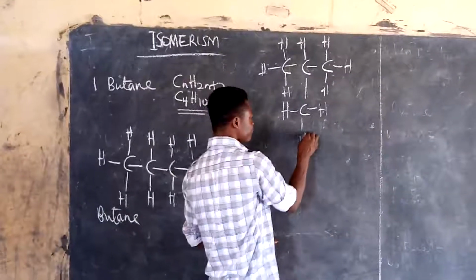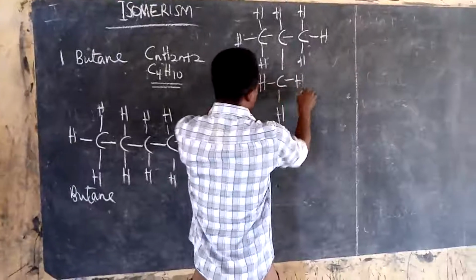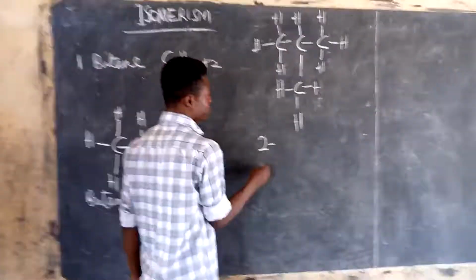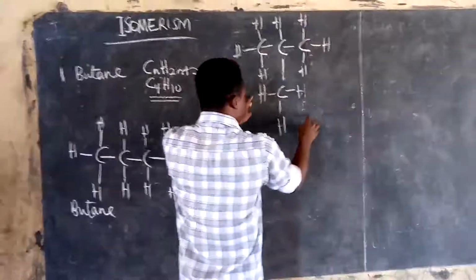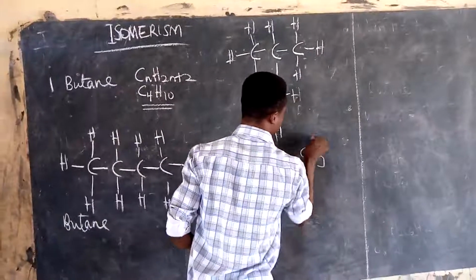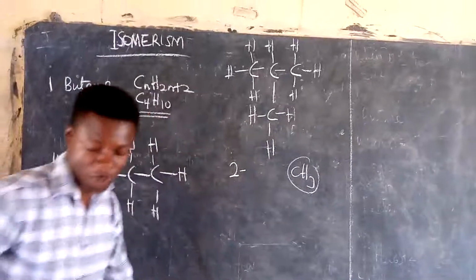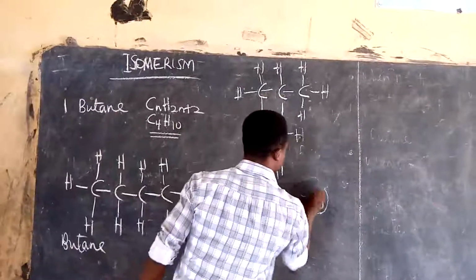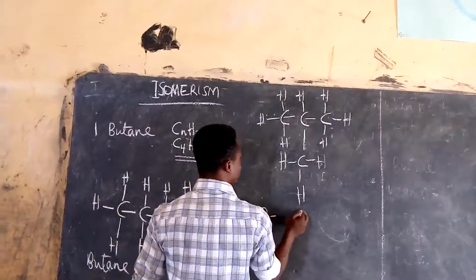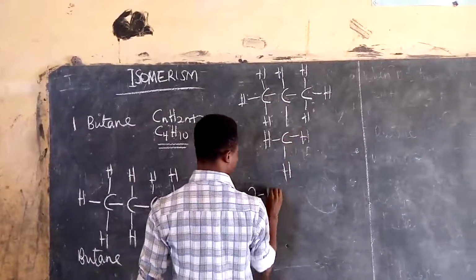So to name this compound, because this branch is on the second carbon, we say 2 and we bring a hyphen, and the name of this group, to write it, is CH3. So the name of this group is called methyl. So for you to be able to name the compound, you need to know the name of this group and then know the name of this alkane too. So the 2-methyl.